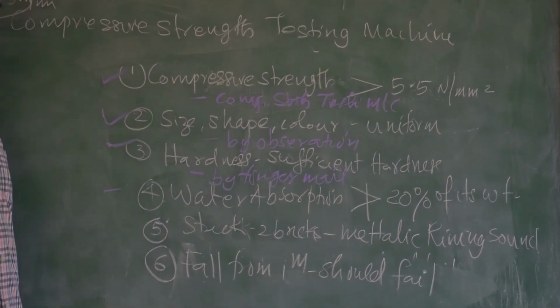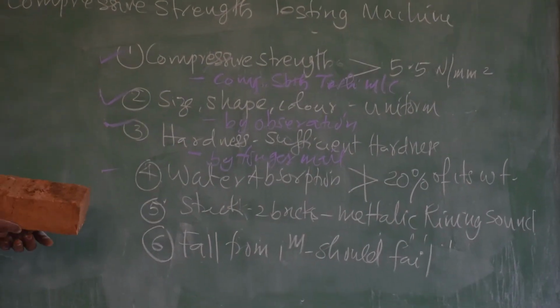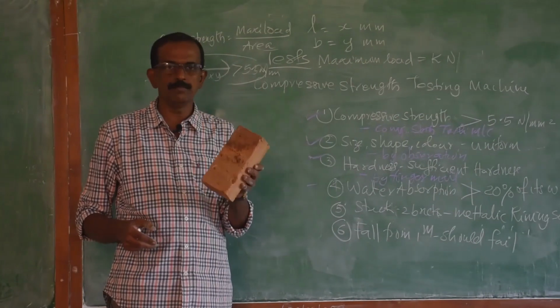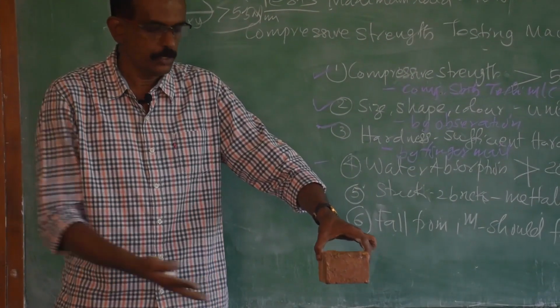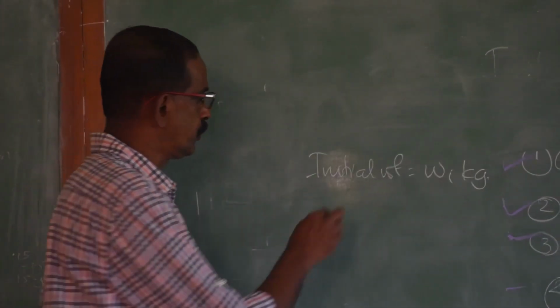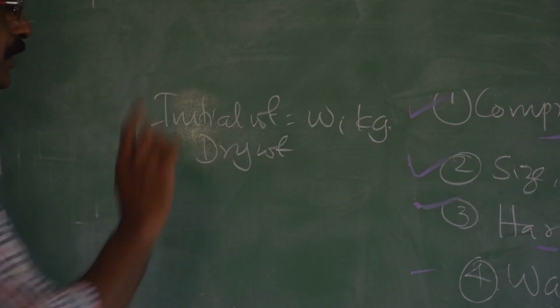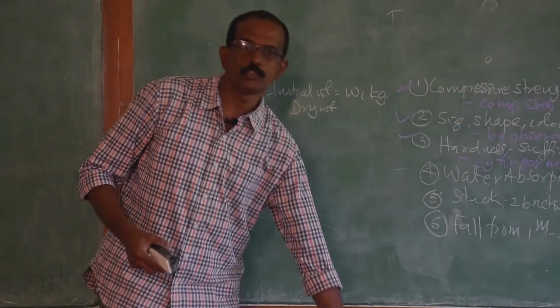Next, water absorption. Water absorption can be tested with the help of a weighing balance. Take a dry brick and keep it on the weighing balance. Note its weight, the initial weight, or the dry weight, let it be W1 kilogram. After that, keep it under water for 24 hours.